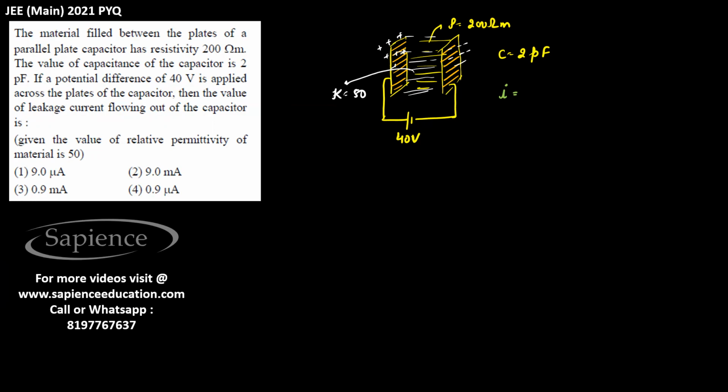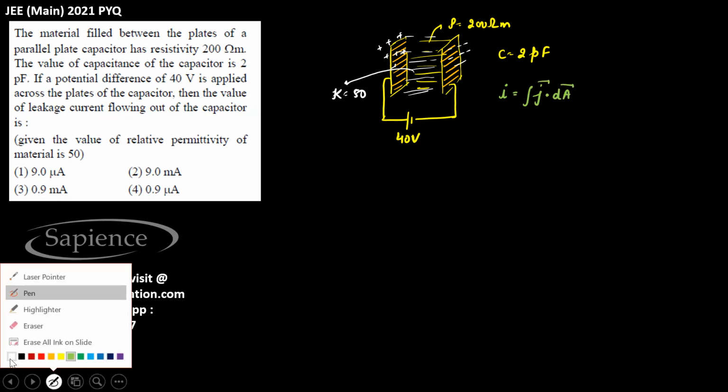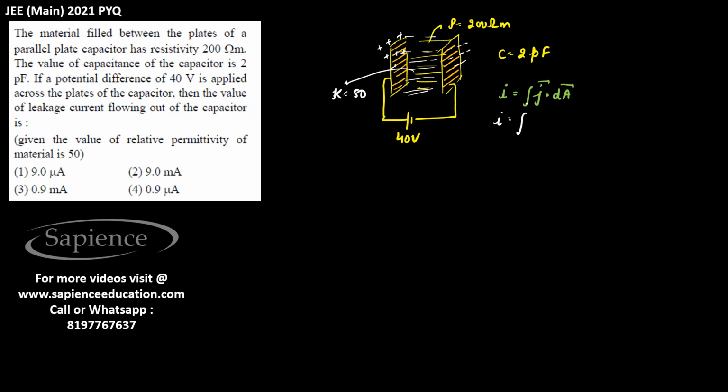So I have to calculate the current. Current can be given as the integral of J dot dA, where J is the current density. So I will be equal to, in the case of a metal, because it behaves like a conductor, the current density is given as sigma into E, where sigma is the conductivity, into dA. So the current will be equal to sigma E A, because the electric field is uniform throughout the capacitor, so it can come out of the integration and the total becomes the area A. I is equal to sigma, the conductivity, which is the reciprocal of the resistivity, 1 by rho.